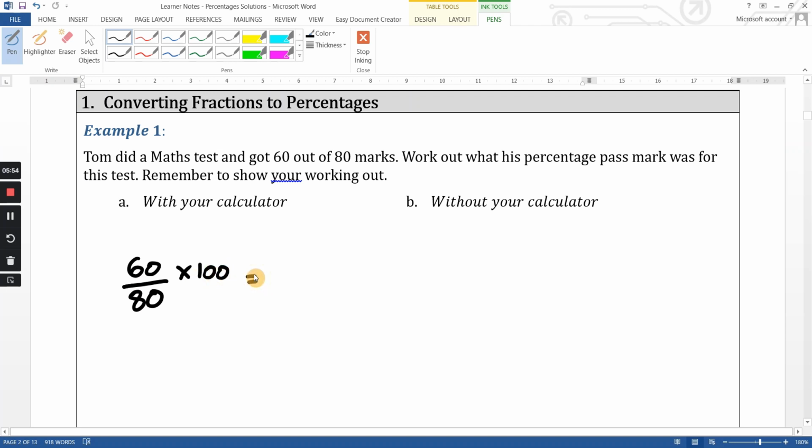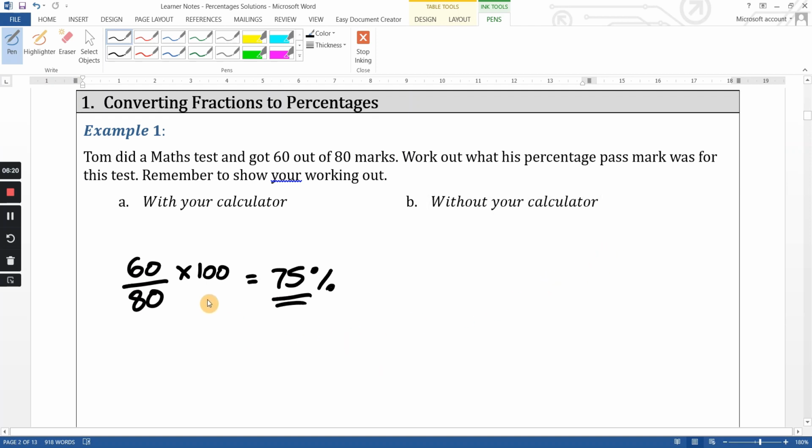So 60 divided by 80 times by 100, and you'll notice I'm using the divide button here, not the fraction button. I literally did 60 divided by 80 times by 100 in one go, and it comes up as 75 on my screen, and that's going to be 75%. So that's my answer.